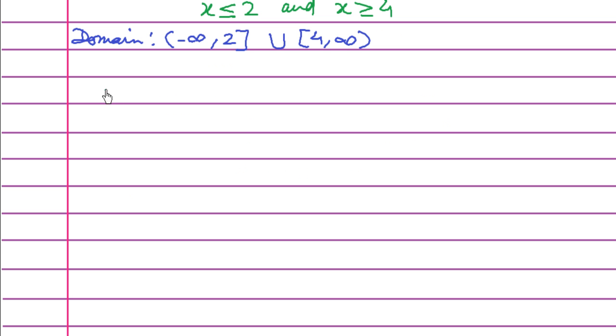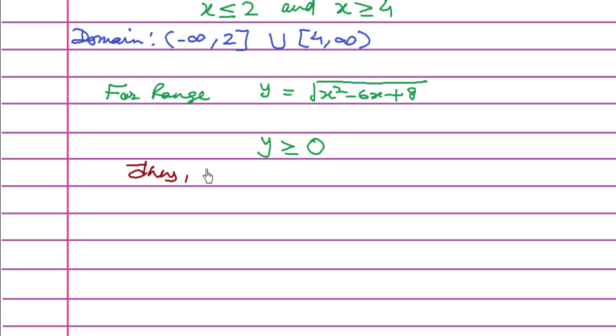Now for the range, we know that y is equal to the square root of x square minus 6x plus 8. We know that y is a non-negative number here. So directly we could write that y is greater than or equal to 0. This would be the range, as in the previous question we have seen.